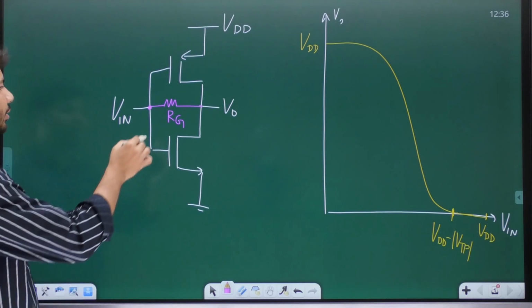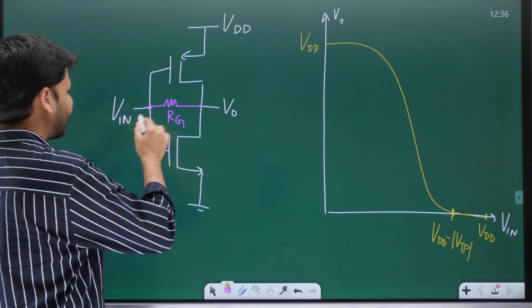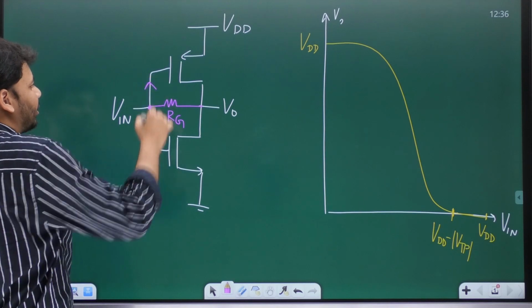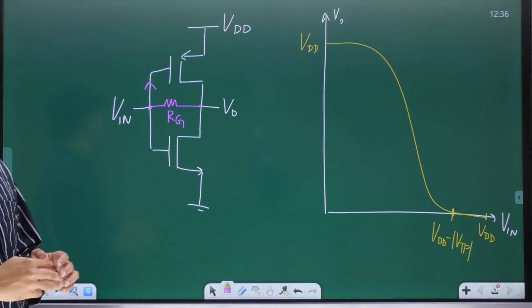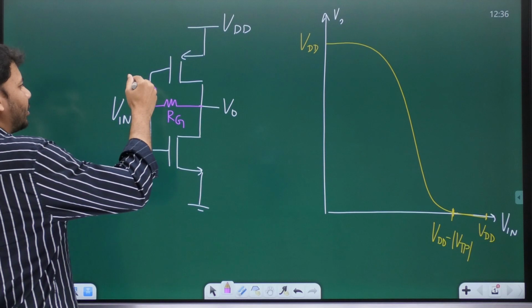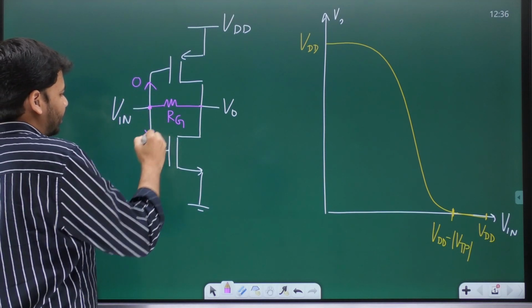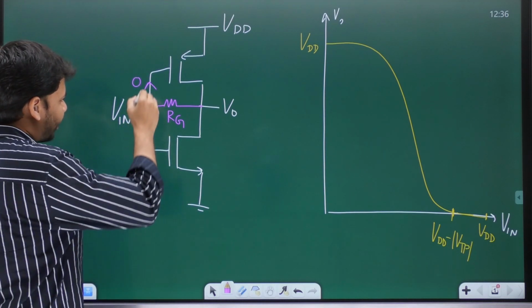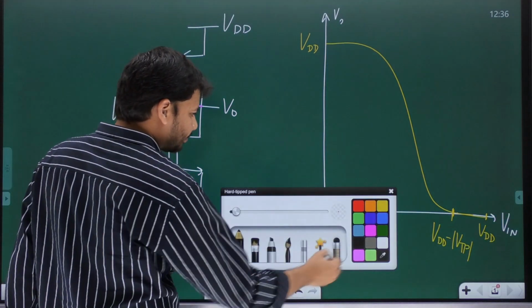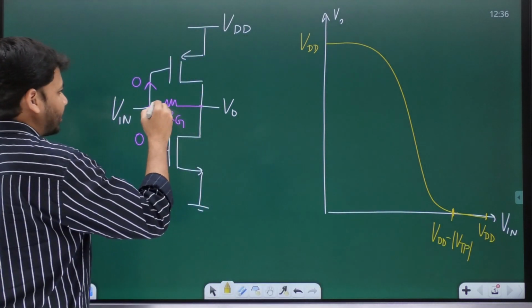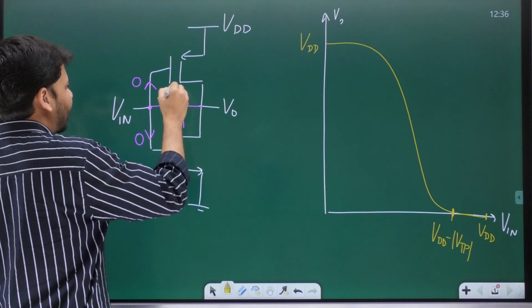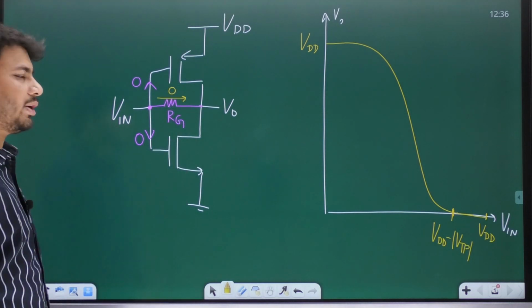Now when you connect this resistance RG between input and output, remember for any MOSFET, the current flowing at the gate is 0. So this current is 0. This current is also 0. And because these two currents are 0, even the current through RG from KCL would be 0.